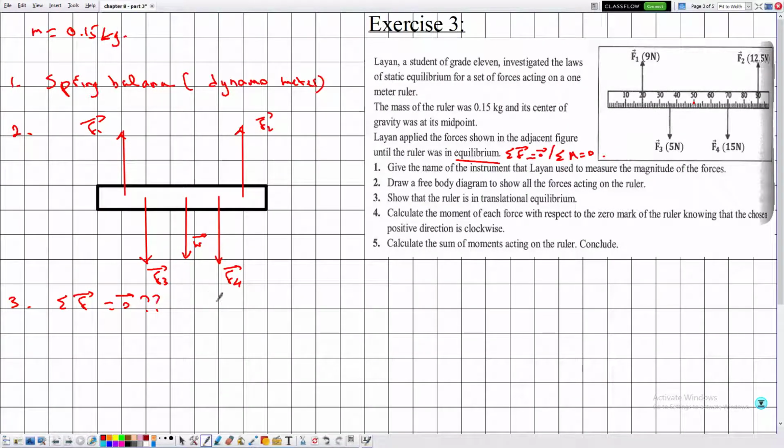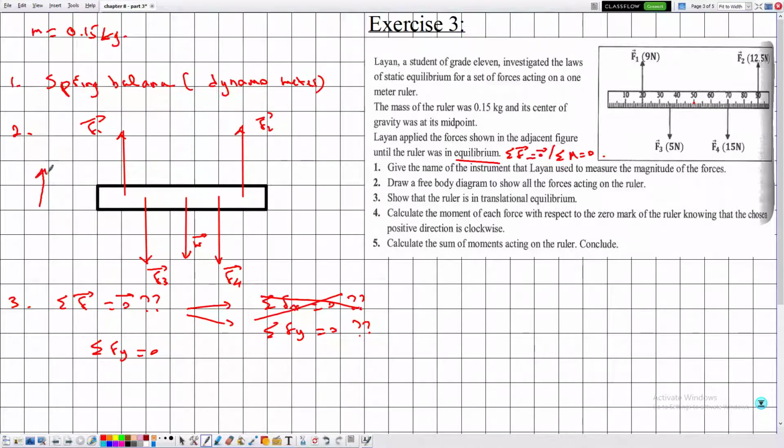This will give us two equations. We need to verify that the sum of forces of x is equal to 0, and that the sum of forces of y is equal to 0. Here there is no need to consider the x equation because the forces are completely parallel to the y-axis, so we only need to consider the sum of forces of y equal to 0.